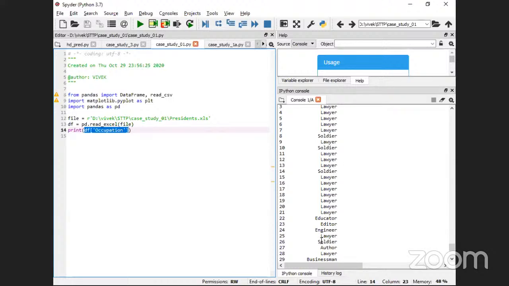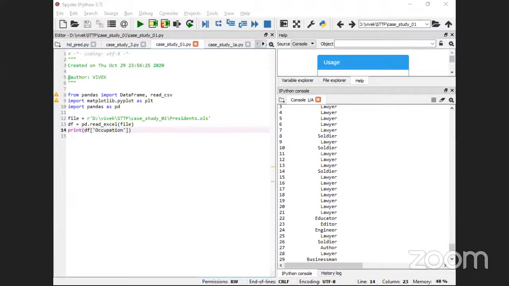This is a very simple analysis. If you want to extract a particular field, you can refer to the field name this way, and you can get a list of that field's contents.